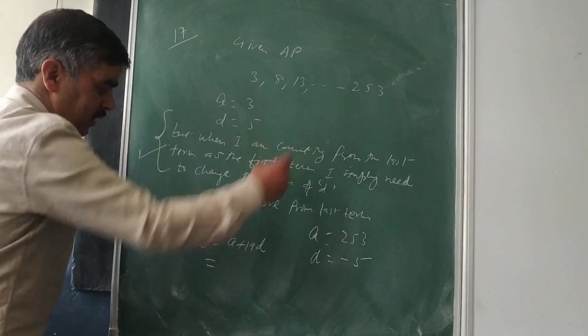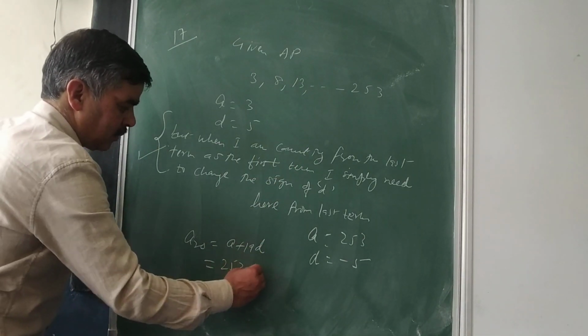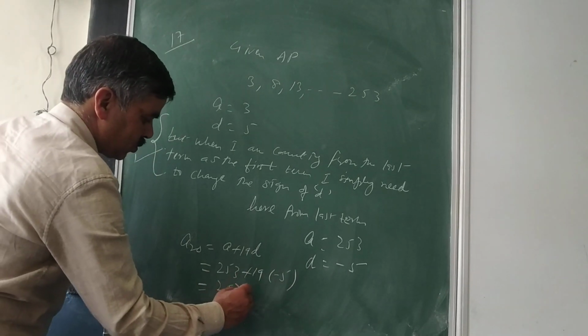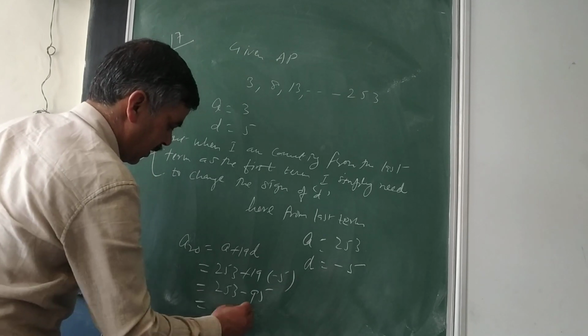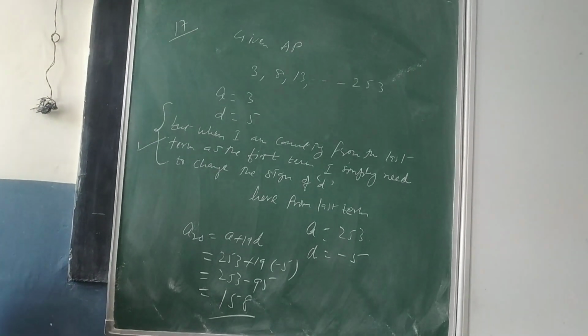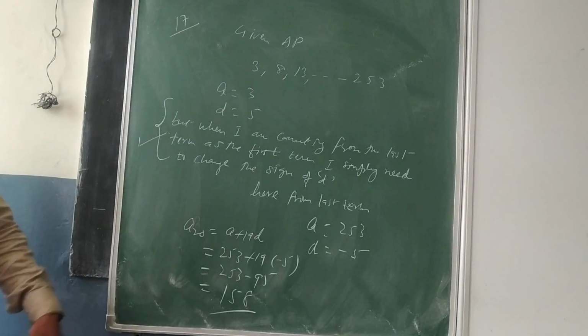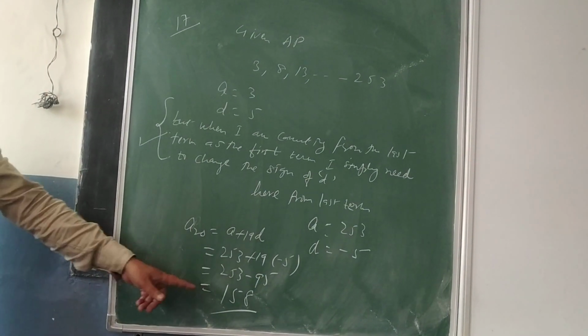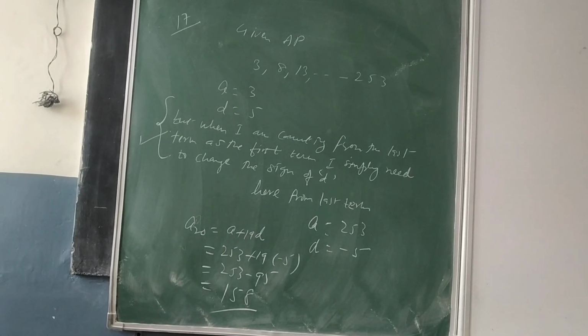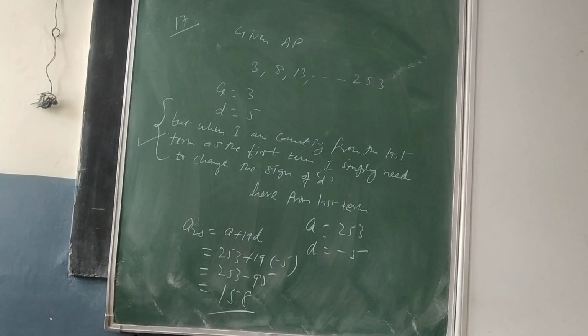A is 253 plus 19 into D, which is minus 5. So this comes 253 minus 95. So that is 158, the answer. So the 20th term from the last will be equal to 158. So you can check your answer in that way.